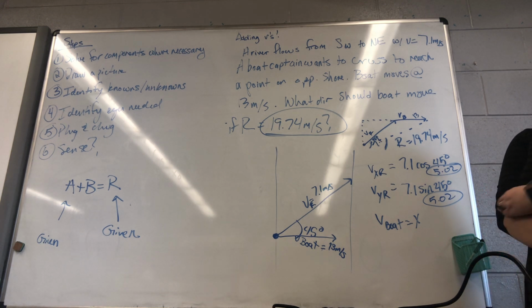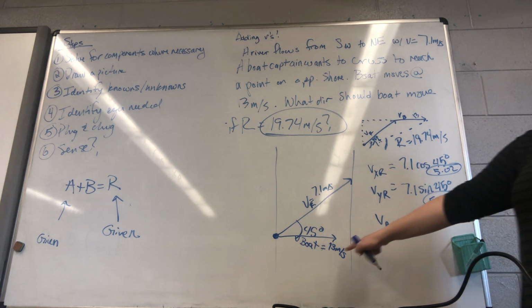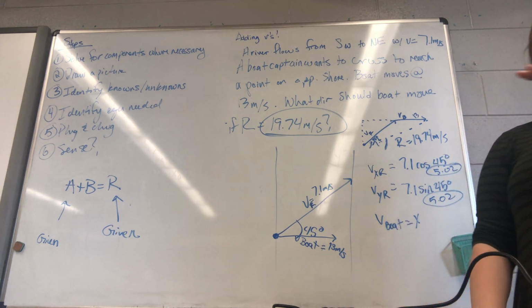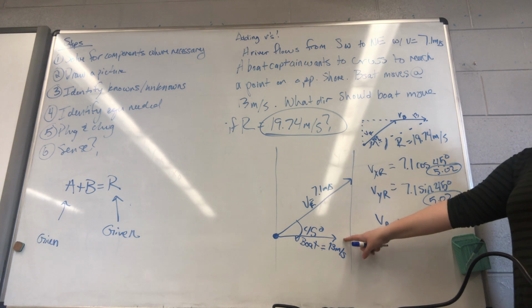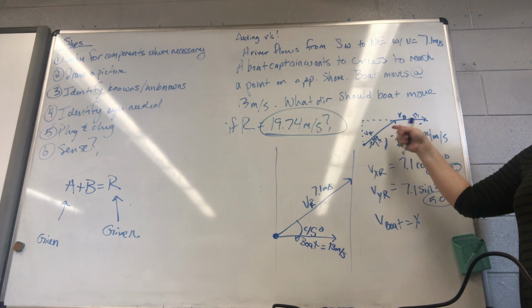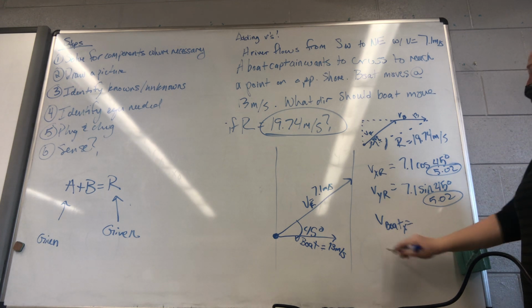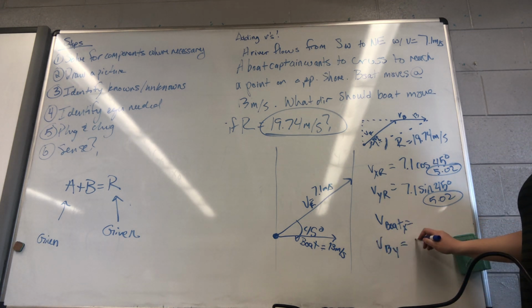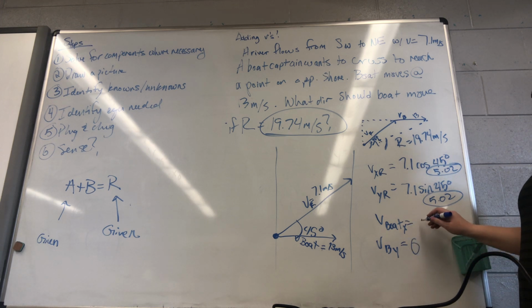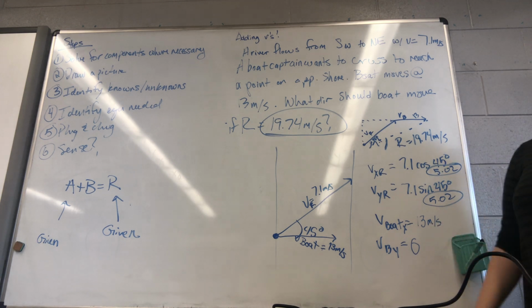Okay. All right, what else? The V of the boat. We said the boat was heading in a straight horizontal direction, right? So what is the y of V boat? 0, right? So V_bx and V_by. V_by is going to be 0, we just said. V_bx is going to be all of the velocity, so 13.